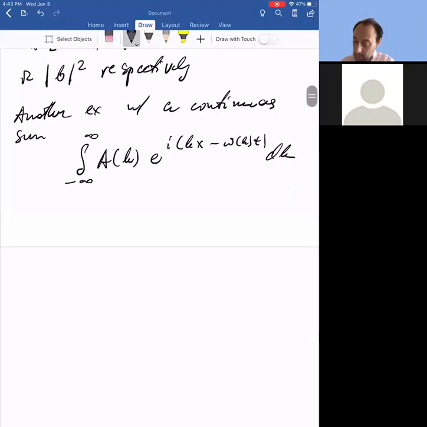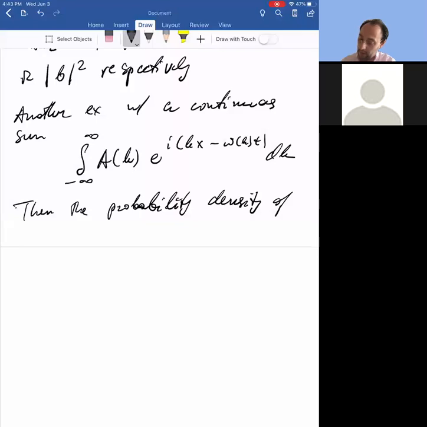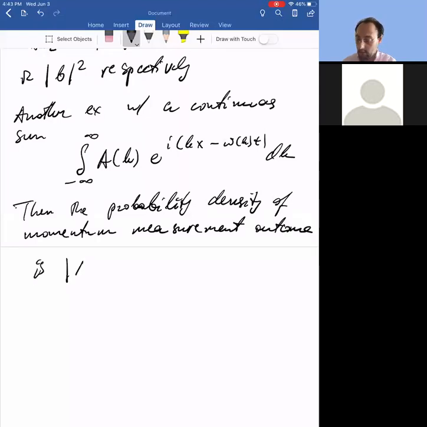And then the probability density of momentum measurement outcome is magnitude of a of k squared, okay?